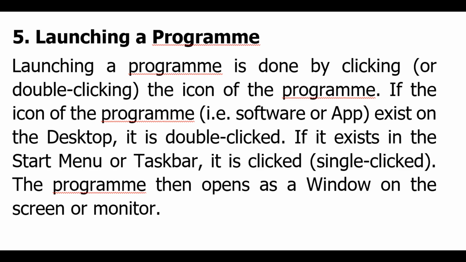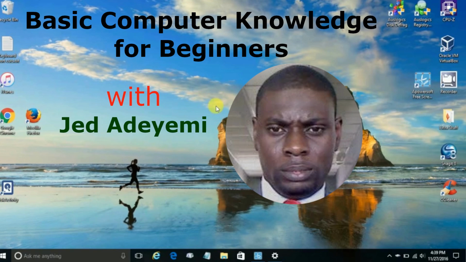Point 5, launching a program. Launching a program is done by clicking or double-clicking the icon of the program. If the icon of the program, that is software or app, exists on the desktop, it is double-clicked to launch the program. If the icon exists in the start menu or taskbar, it is single-clicked to launch the program.